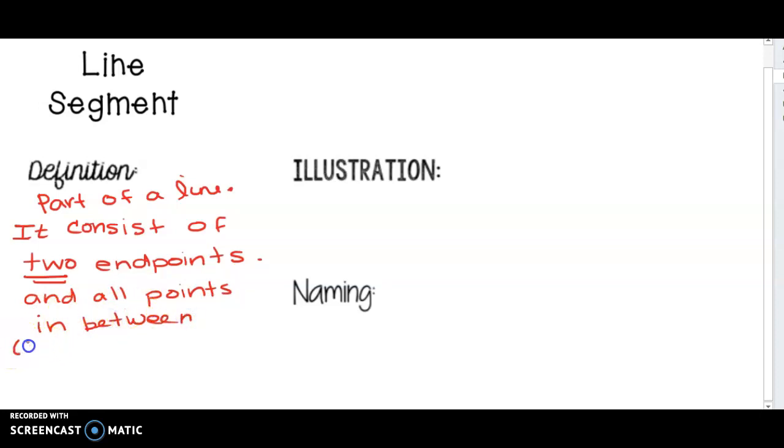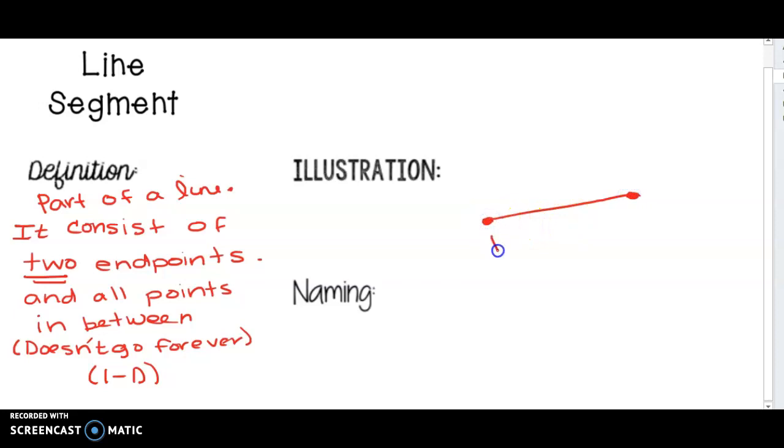Okay, I'm going to put in parentheses, doesn't go forever in any direction. Okay, and this is also one-dimensional. So a line segment has two endpoints, so an endpoint here and say an endpoint here, and then we're just going to connect those two dots. So it starts and it stops.